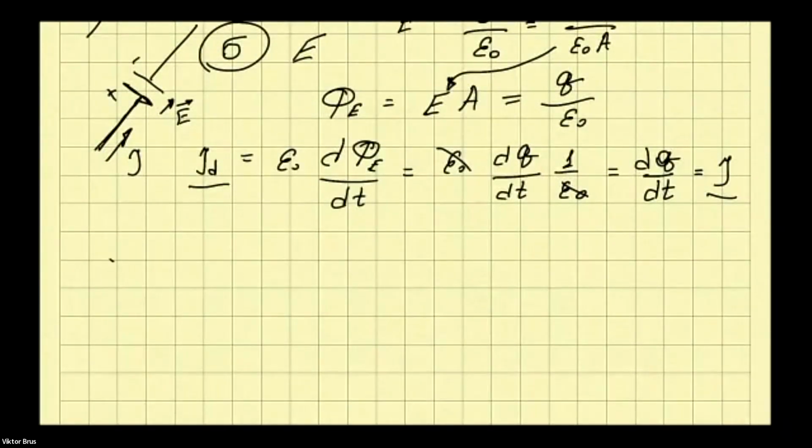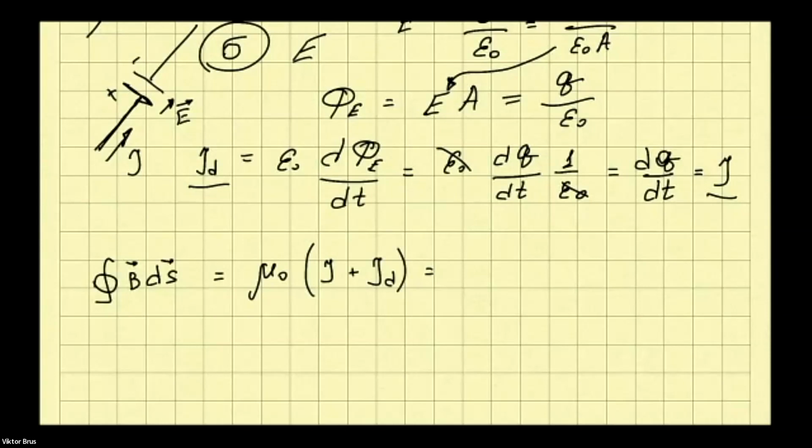The integral over a closed path of the scalar product B ds will be equal to mu naught, but instead of putting just the conductivity current, we need to put now the sum of two currents, conductivity current plus displacement current.